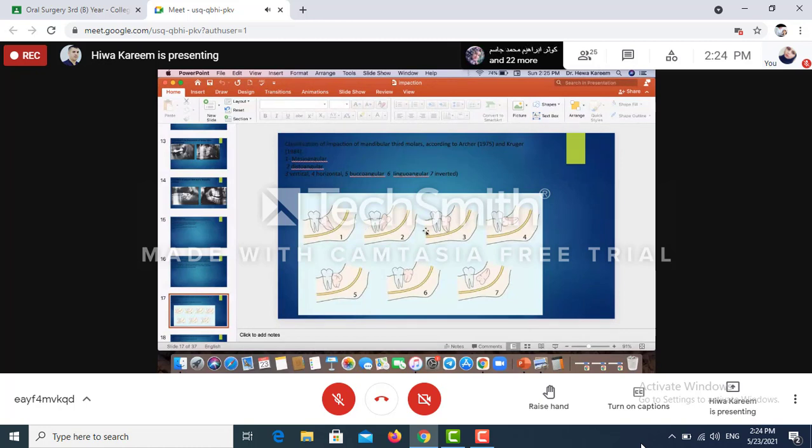And which one is difficult according to the angulation? The disto-angular. Disto-angular is the most difficult for removal, because it is inside the ramus and needs more bone removal.